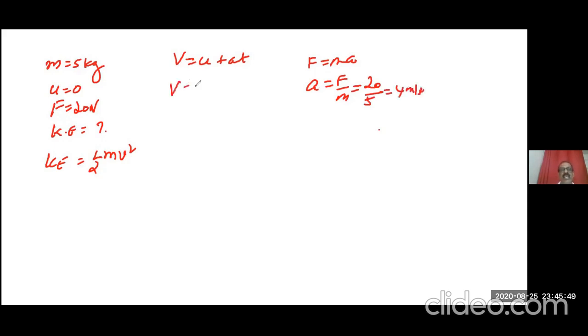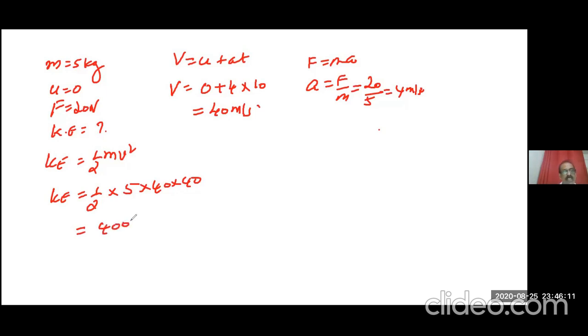So v is equal to 0 plus 4 into time. What is the time? 10 seconds, isn't it? So 40 meter per second. Then kinetic energy is half into 5 into 40 into 40. Final answer will come 4,000 joules. Finish it.